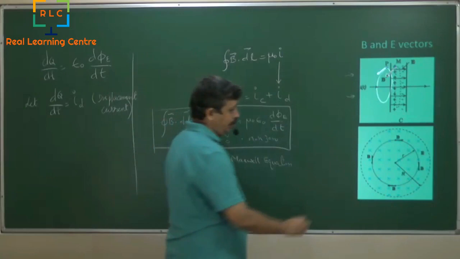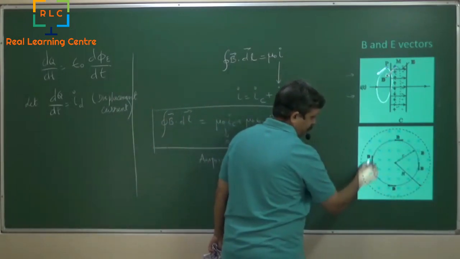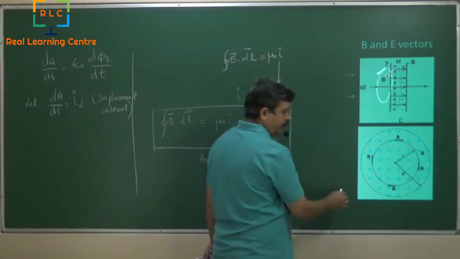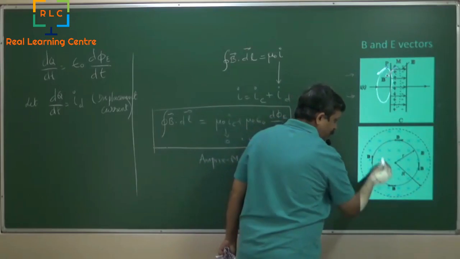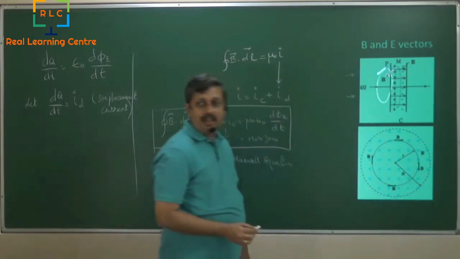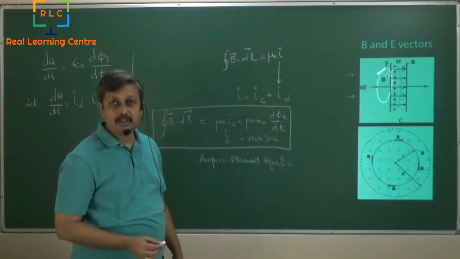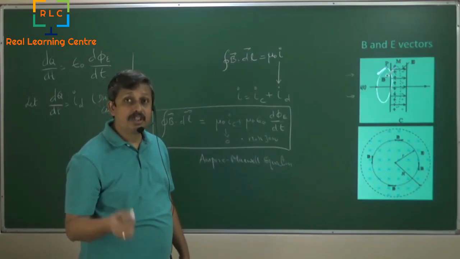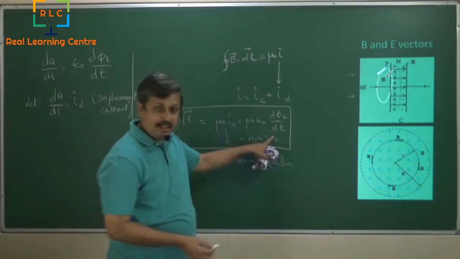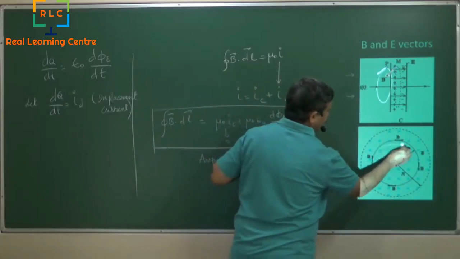So if you take B dot dl over this circle, you will get, from whatever the electric flux is inside this area, how much it is changing, the d phi by dt of the flux inside.